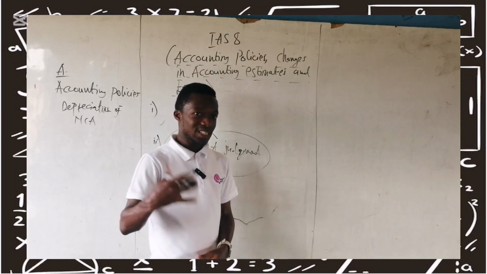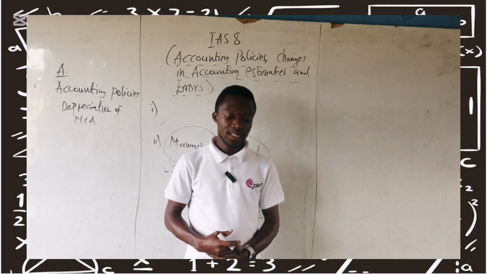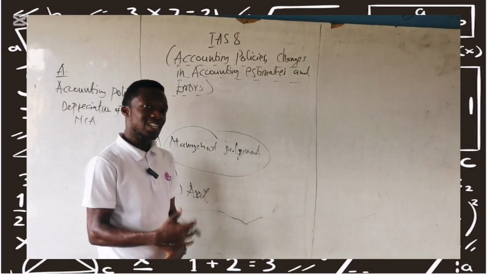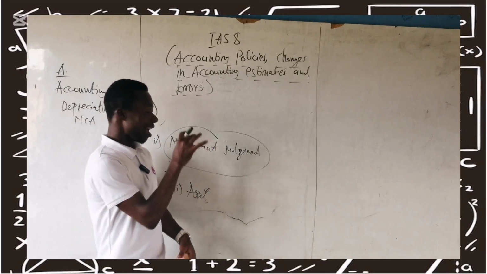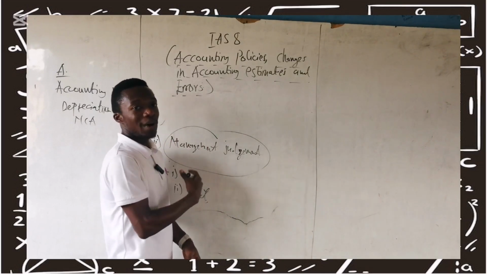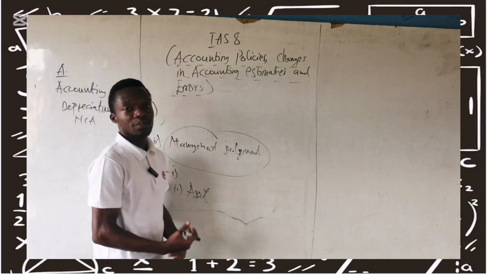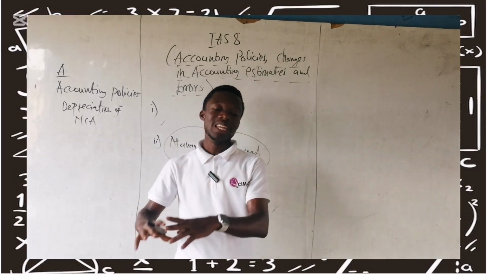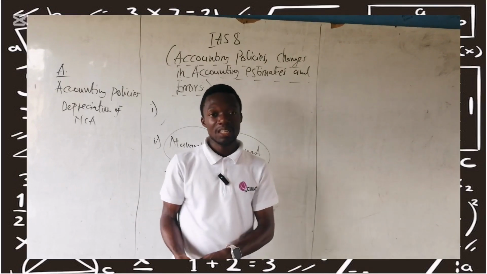So these are the conditions management has to follow in order to make a properly informed judgment in how to treat an event when you don't have any particular standard to deal with that event or transaction.